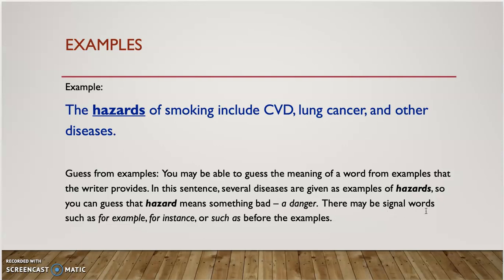There may be signal words such as for example, or for instance, or such as. So those might be signals that an example is coming. In this case, the signal is include. The hazards of smoking include, and then it gives the examples. So that's another possible signal word.